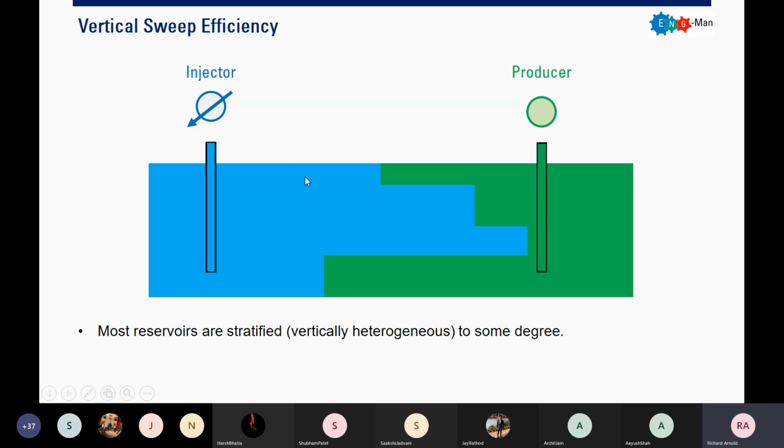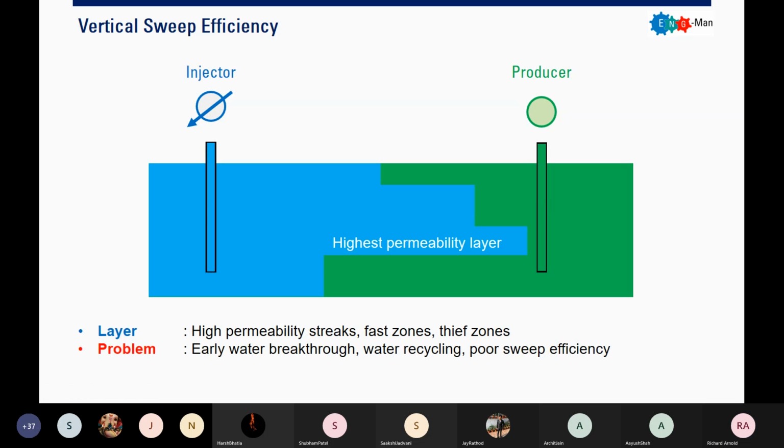So finally, you will get this kind of performance because of vertical heterogeneity. And of course, this interval or this level is actually the highest permeability layer, because your water moves at a faster rate in this layer.